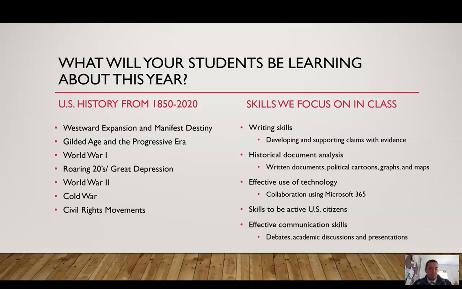There's also a strong focus on skills to be active U.S. citizens. We talk about active community involvement, your rights as a citizen, and the amendments. That is always in the background of our classes throughout the year. And effective communication skills: we work on how to have debates and academic discussions and how to present your ideas in a clear fashion.